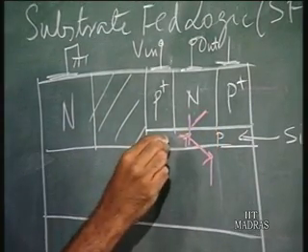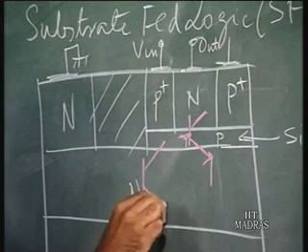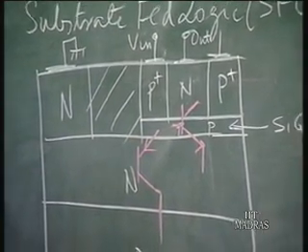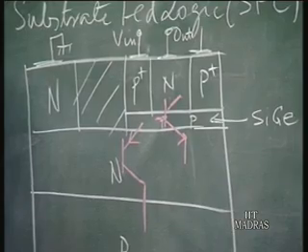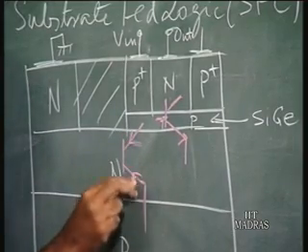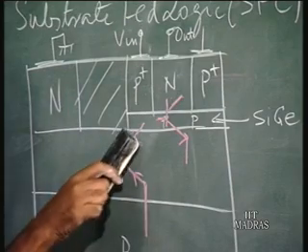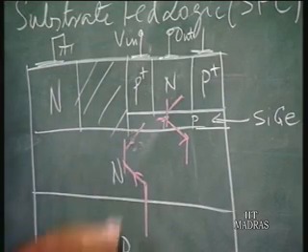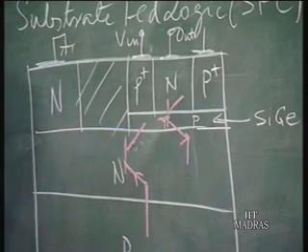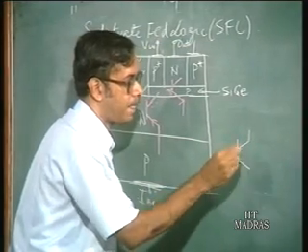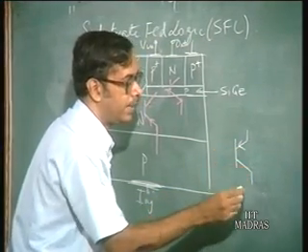This is the emitter of the PNP. So what do you have? This is the injector terminal. So you have a PNP and you have an NPN.